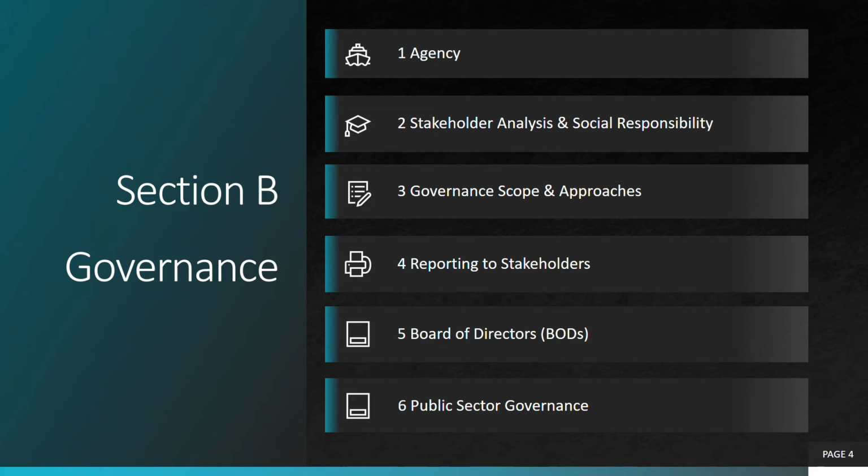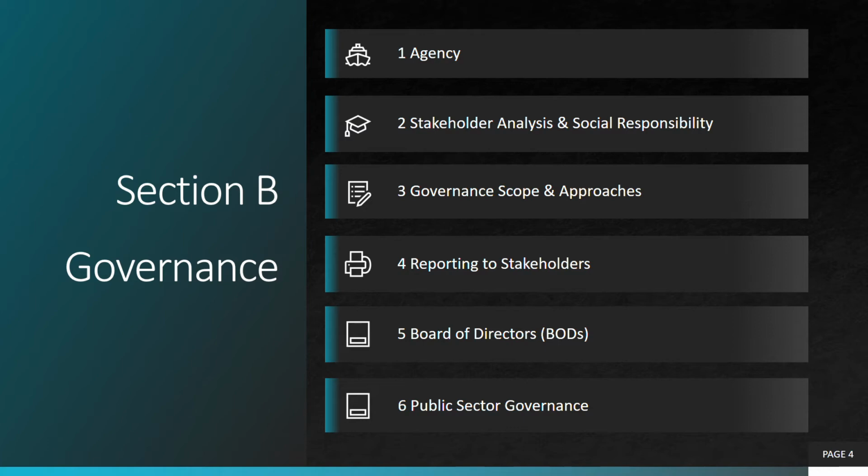There could be many: internal stakeholders like employees and management, and external stakeholders like customers, suppliers, and lenders, the banks, etc. And for social responsibility, we will be talking about CSR, corporate social responsibility, and all those things.